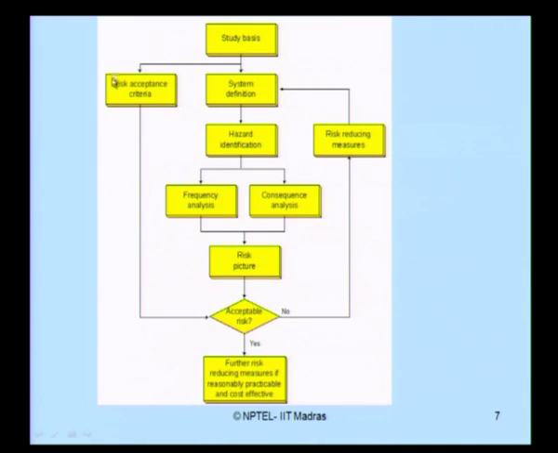Let us quickly look at the flow chart of QRA. Let us say I would like to see on what basis the study is to be established, what we call the study basis. You have a problem, you want to do a quantitative risk assessment for the problem. First of all, let us establish a basis for that study. Once you establish the basis for the study, you look at the risk acceptance criteria for that problem. Ladies and gentlemen, we all understand that the risk acceptance criteria vary for different problems.